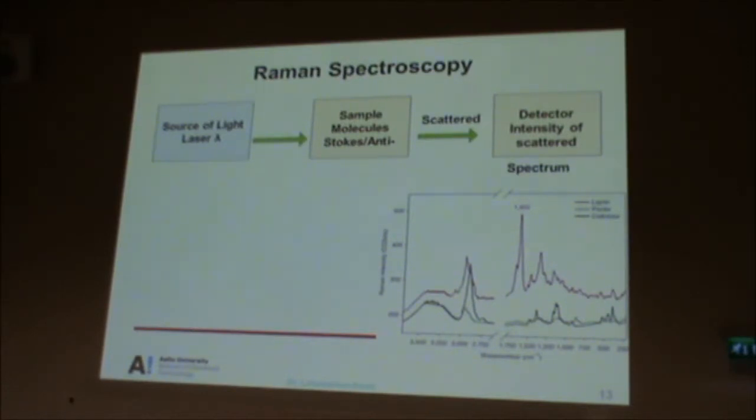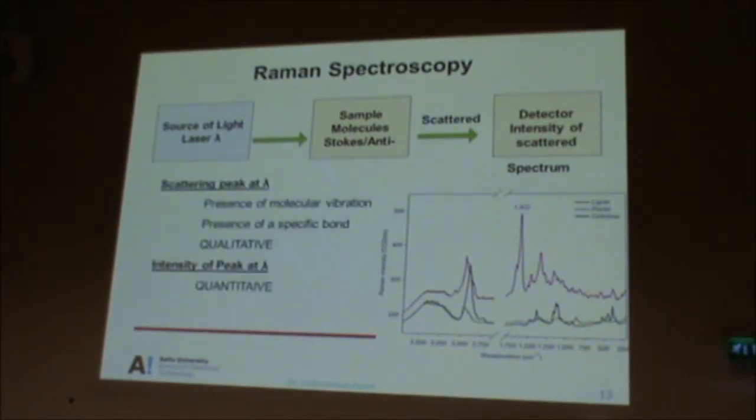Now here, the presence of this peak means there is a bond in this molecule that absorbs at that frequency, and the intensity of this peak tells you how much of this molecule is present in the sample. So that's exactly what I've written there. You have qualitative, which is the presence of a specific bond. You have quantitative, which is the intensity of a peak at a given wavelength.